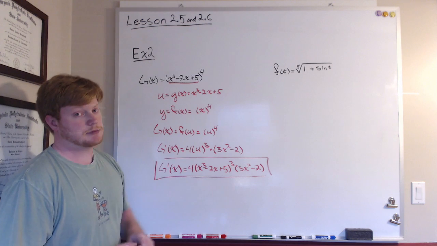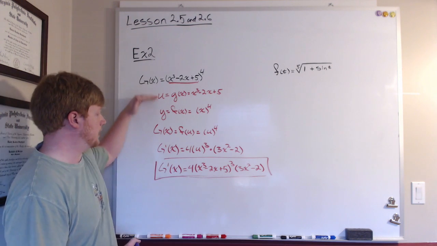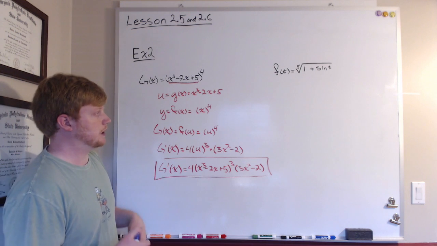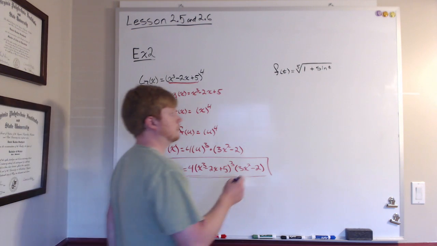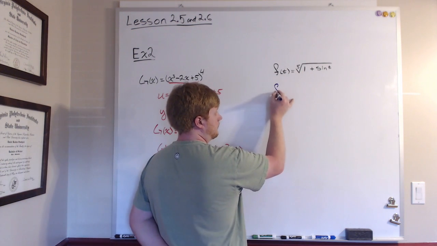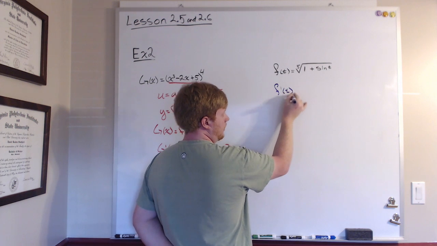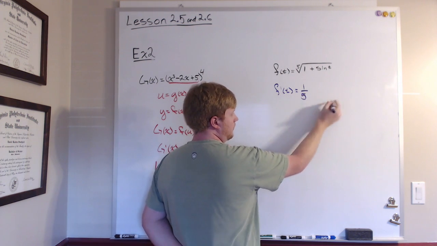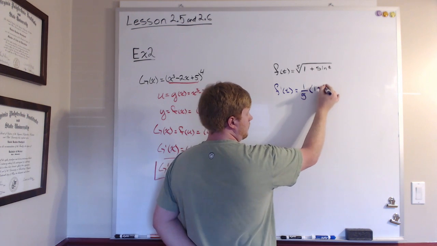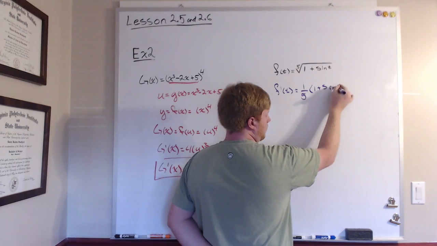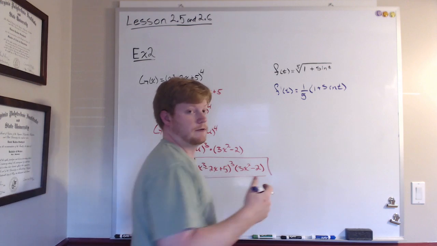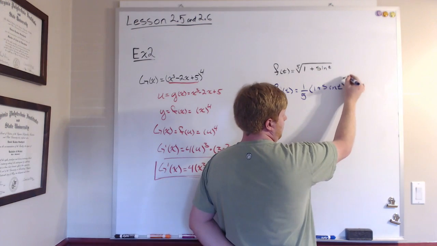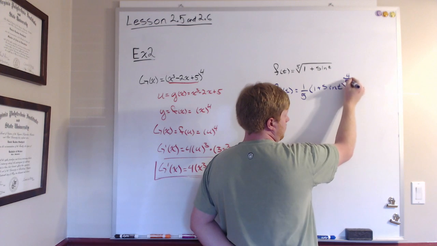Okay. In the next part, I'm not going to write all this out. I'm just going to do, like I said, derivative of the outside times the derivative of the inside. All right. So the derivative of my outside will be 1/5, okay, 1/5 decreased by 1 would be -4/5.